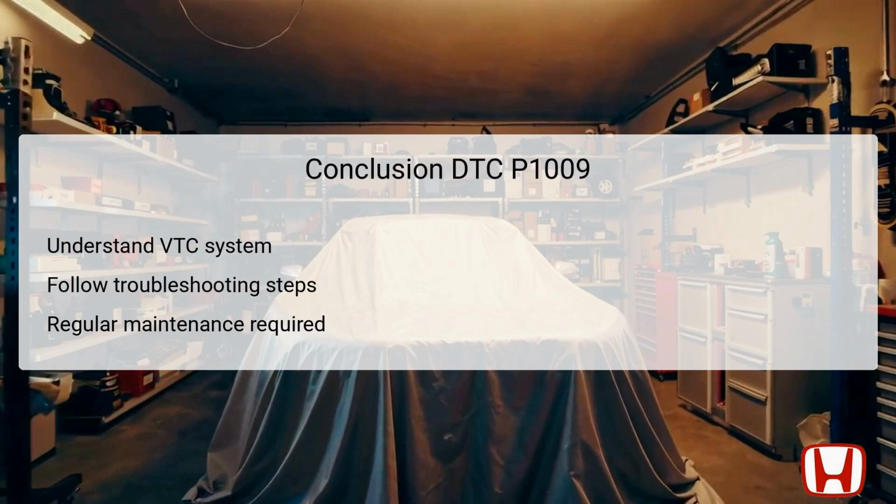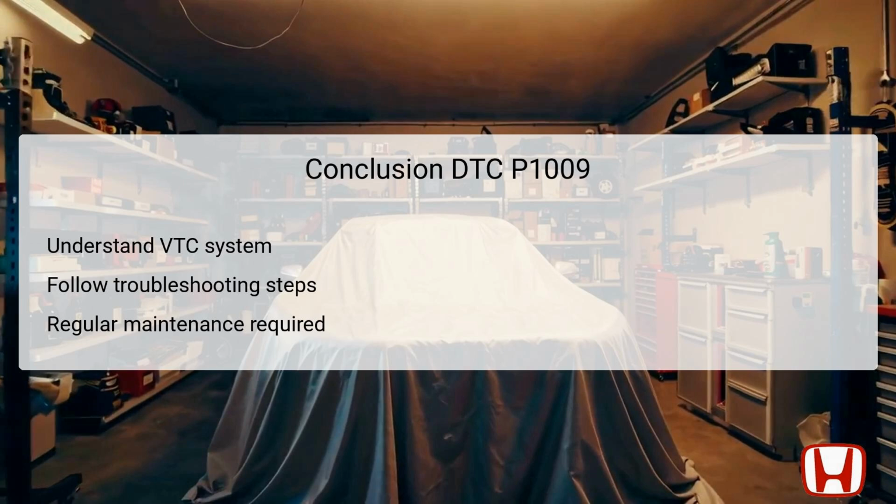In conclusion, understanding the VTC system and its importance in engine performance is essential when troubleshooting DTC P1009. Following the structured troubleshooting steps outlined in this guide will facilitate accurate diagnosis and timely repairs. Component inspection, testing, and preventive maintenance play a crucial role in ensuring the VTC system operates effectively.